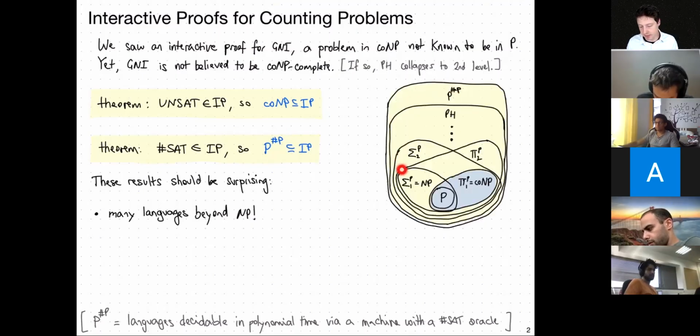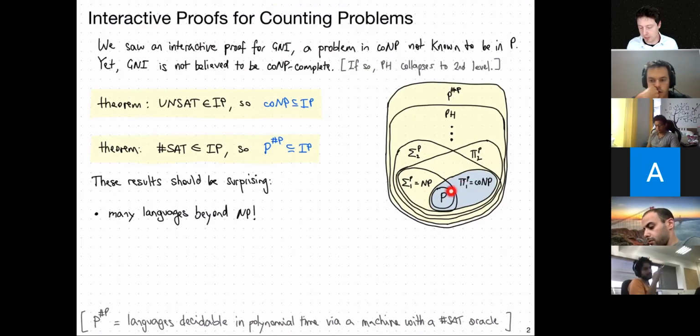This is, in some sense, maybe the picture you should have in mind. Here is P. P is contained in NP and co-NP, and they intersect in this possibly strict superset of P, which is NP intersect co-NP. And you have something known as the polynomial hierarchy, which is essentially considering satisfiability problems with existential and universal quantifiers in alternation.